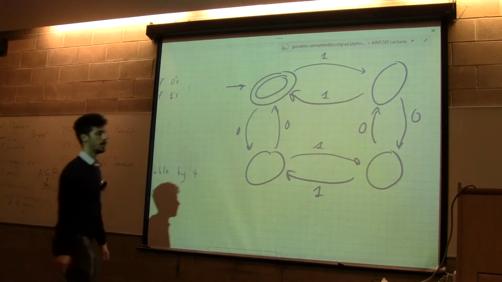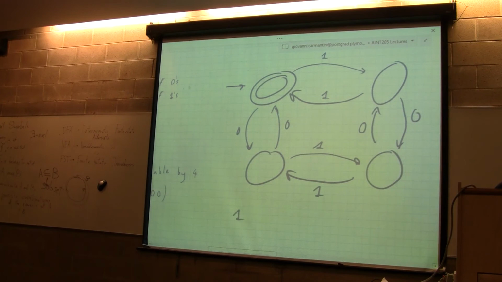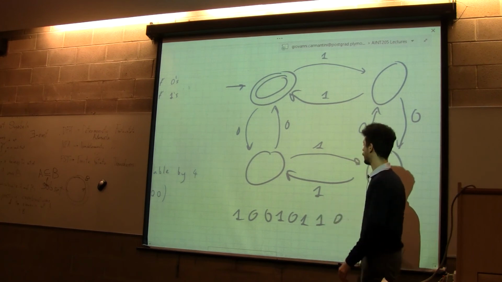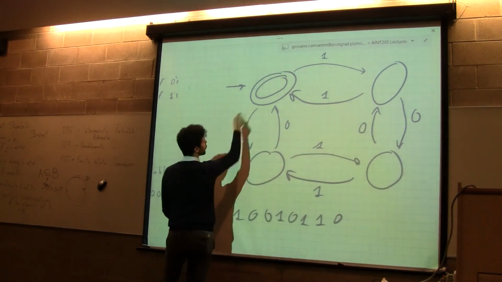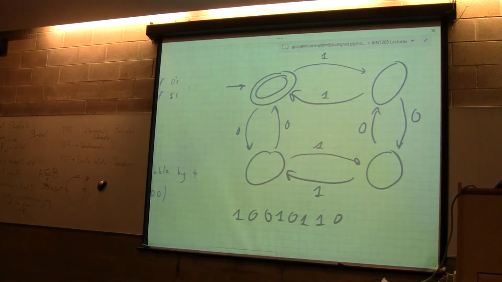So let's say, well, I'll make one up now, right? 1 1 0 0, I don't know, 1 1 0 0. Okay. So 1 0 0 1 0 1 1 0. I start from state 1. I'll number them now. 1 2 3 4.